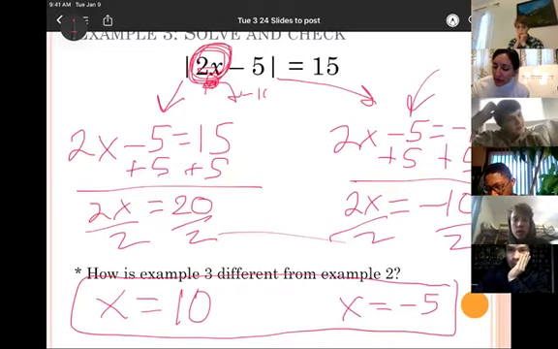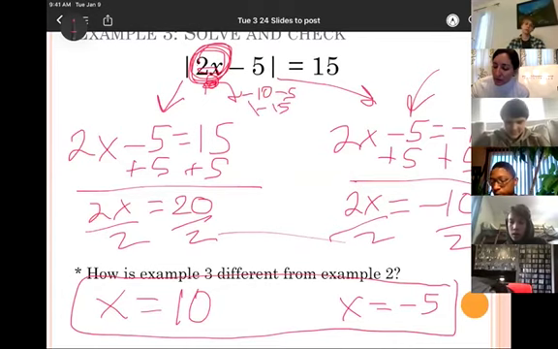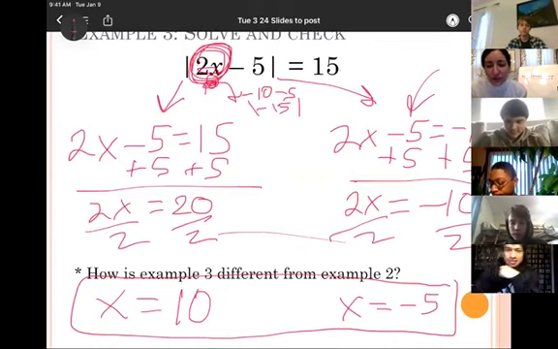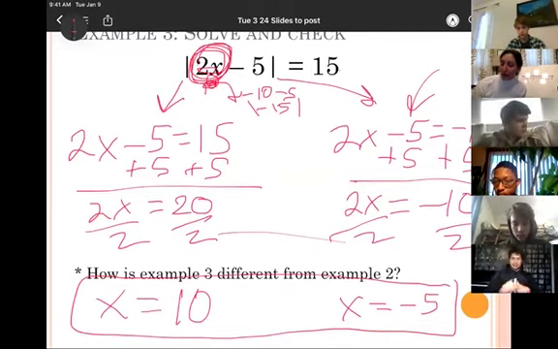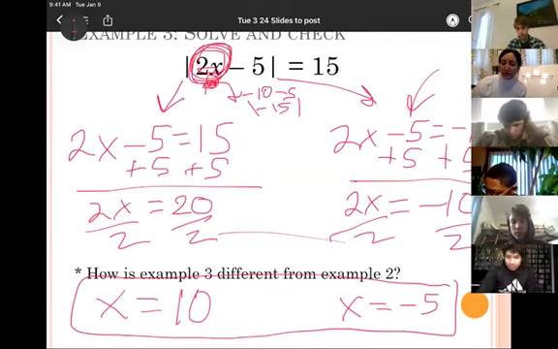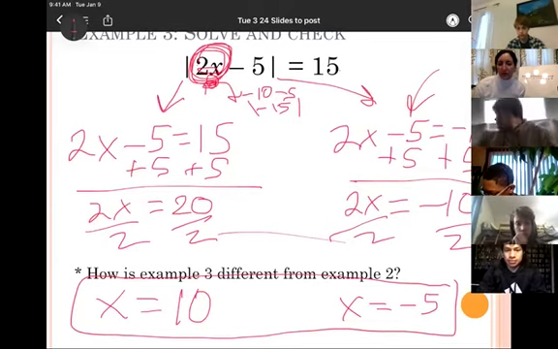Negative 10 minus 5 would be negative 15. And then the absolute value of negative 15 is 15. So that's the check. Throw those numbers back in there and see if they actually work. So the positive 10, 2 times positive 10, 20, minus 5 gives us 15. We're good to go.